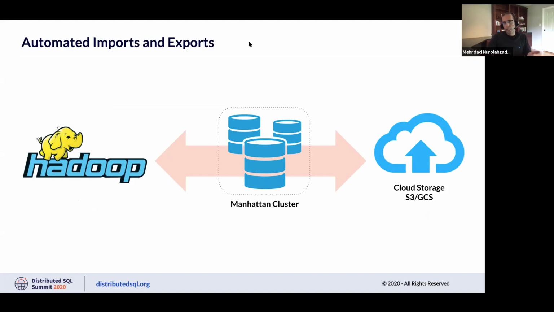And finally, we also have support for automated imports and exports in Manhattan. Primarily with Hadoop, we have integration for our read-only clusters. You can automatically import data from Hadoop, and for our read-write clusters, you can export data to Hadoop.